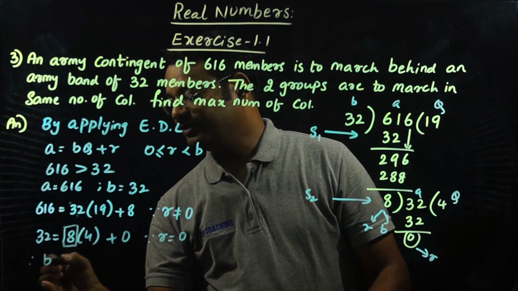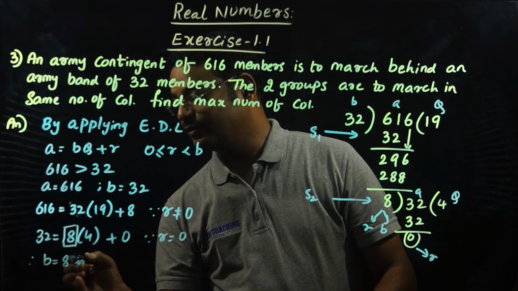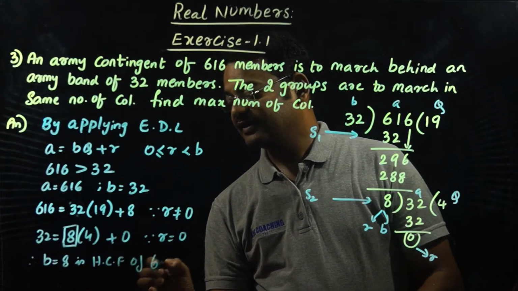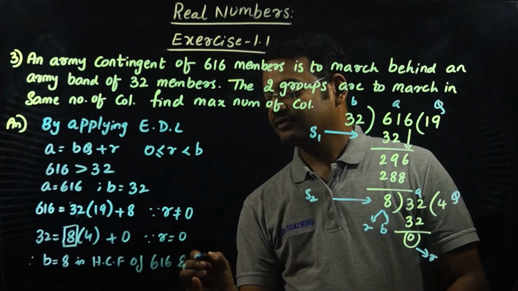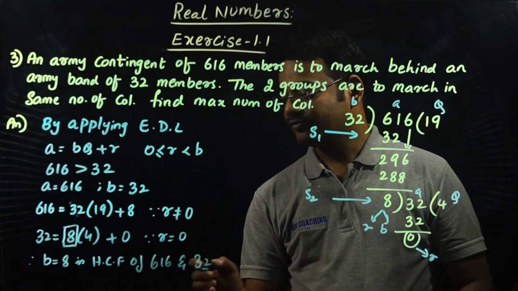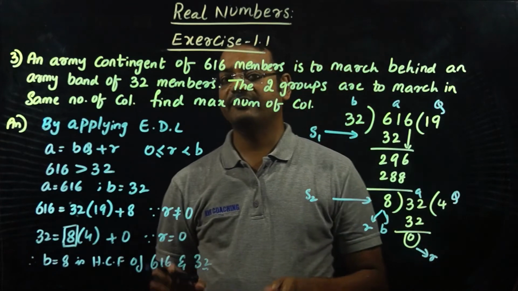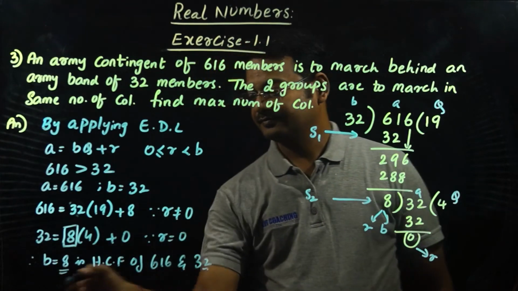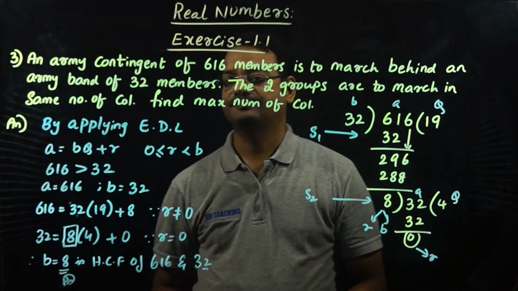Now here, as B is equal to 8, therefore 8 is the HCF of 616 and 32. Therefore the maximum number of columns we can have in the band is 8. That's it. 8 is the number of columns.